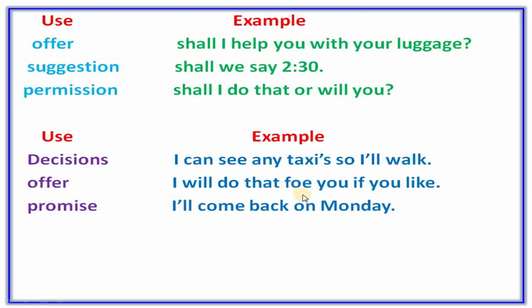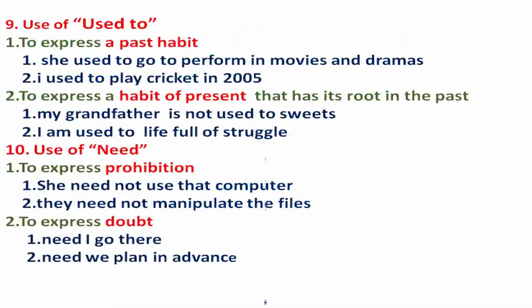Offer: I will do that for you if you like. Promise: I will come back on Monday. It is a promise. So these are the examples for the use of the above modals.